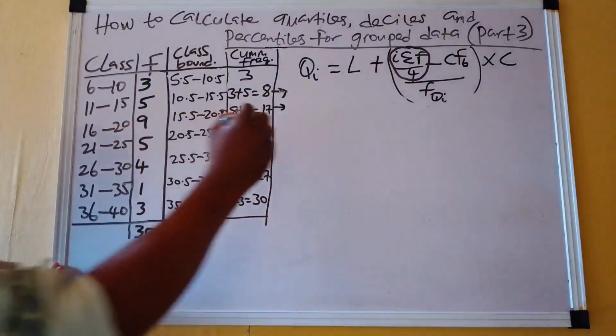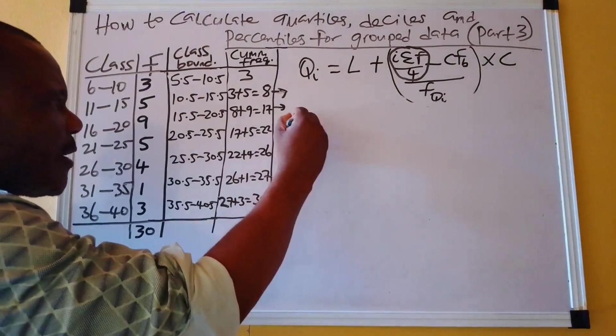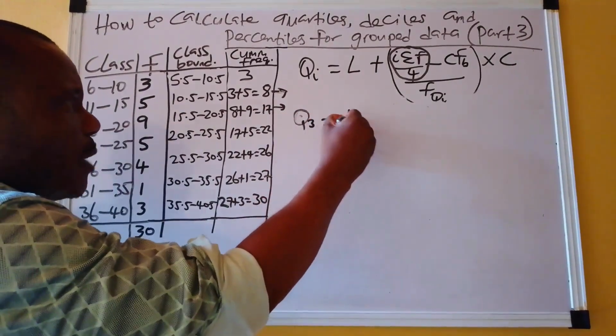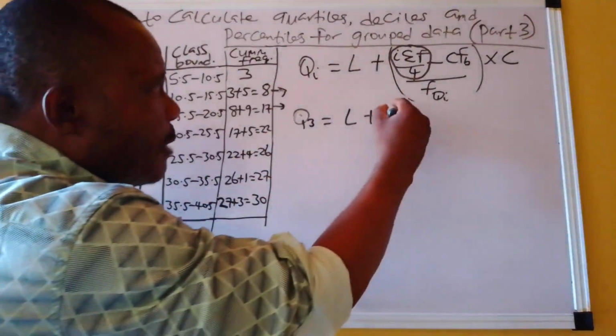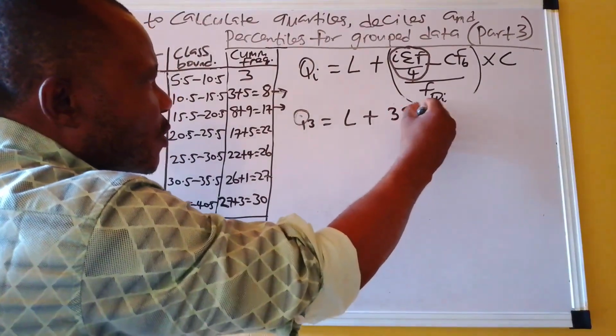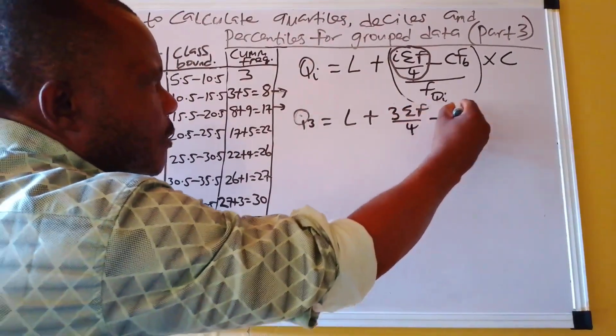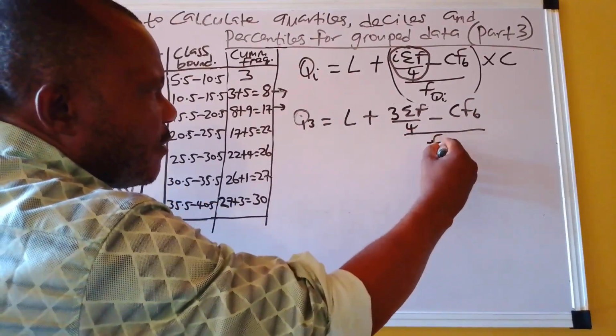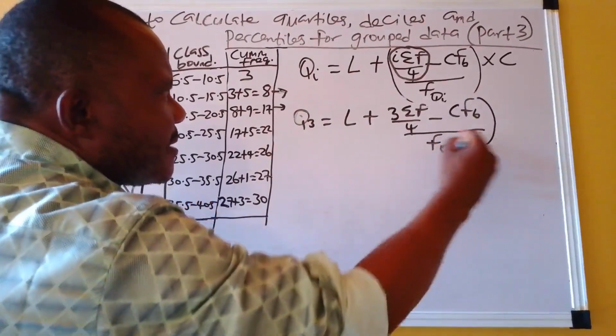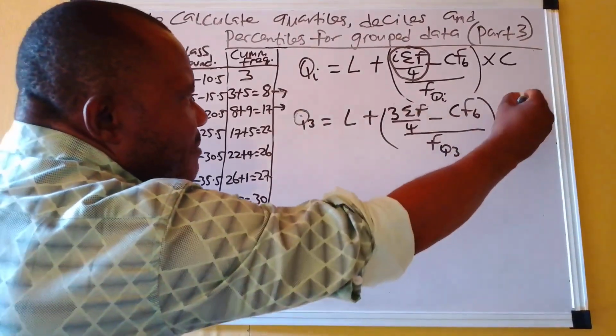Now we want to calculate our Q3. Our Q3 is equal to L plus, now you see i is now 3, 3 summation F all over 4 minus the cumulative frequency before that class, all over the frequency of the Q3 class, then times C.